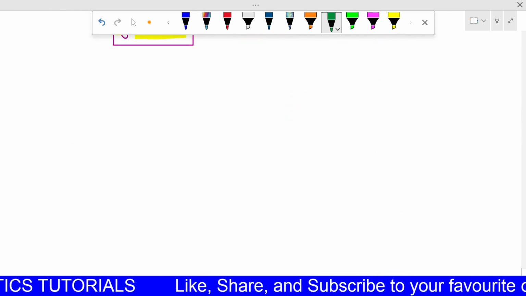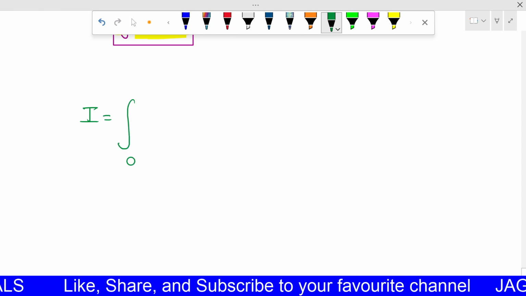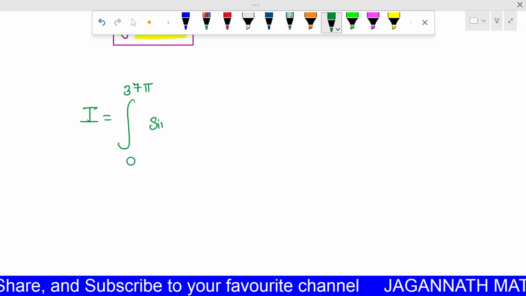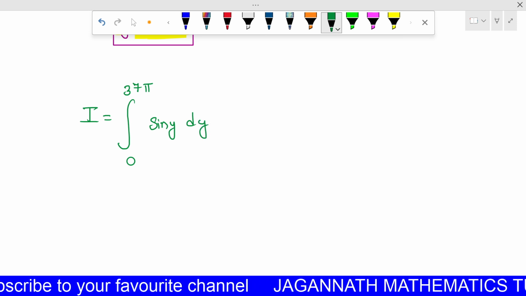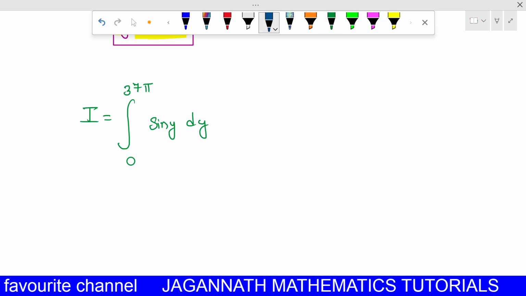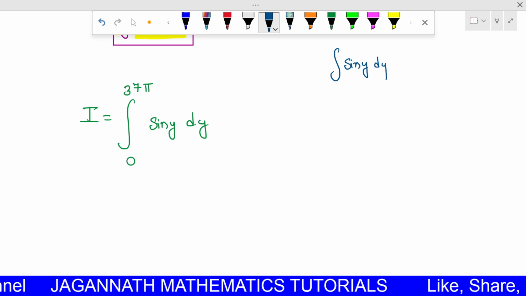So let's quickly evaluate it. The integration is from 0 to 37 pi of sin y dy, right? Now how many of us know the integration of sin y? Yes, we all know.